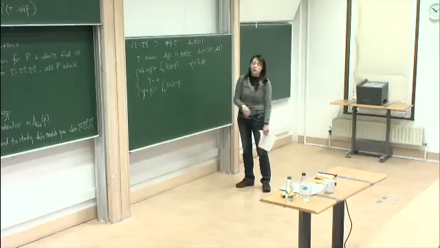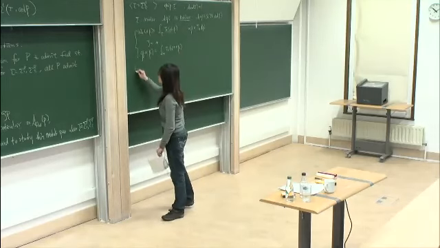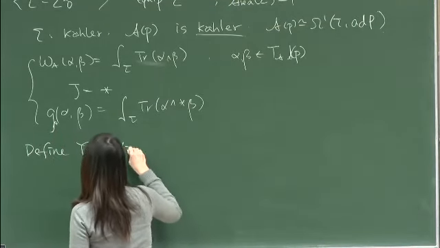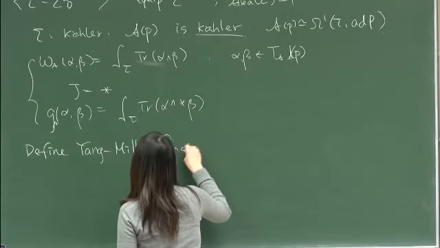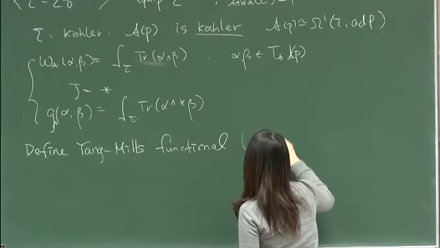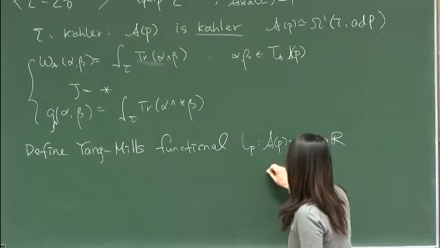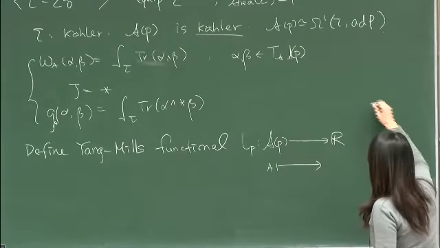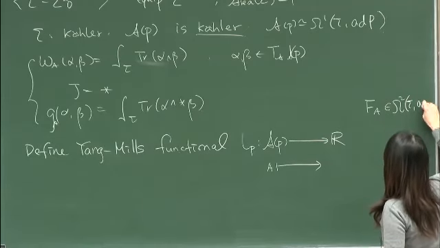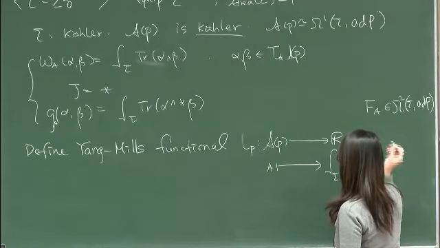And on this space, we can define a functional called the Yang-Mills functional. This functional is defined by taking A goes to, if F_A is its curvature form, a 2 form on sigma with values in the adjoint bundle, then taking the L2 norm of that.